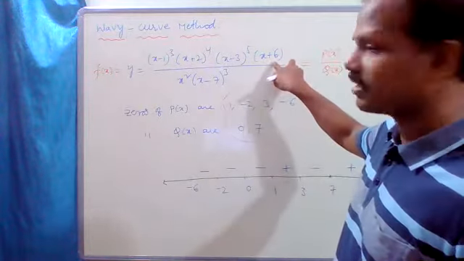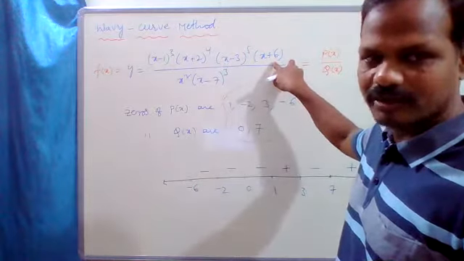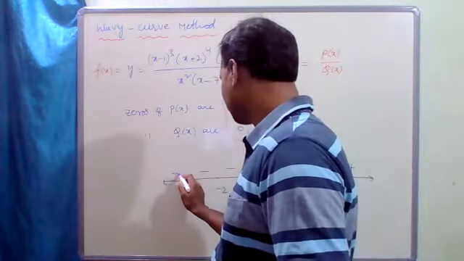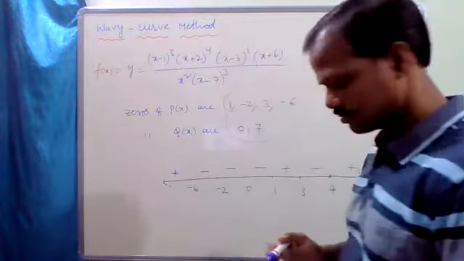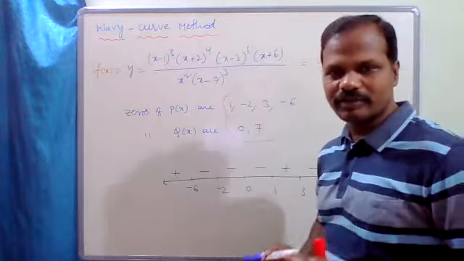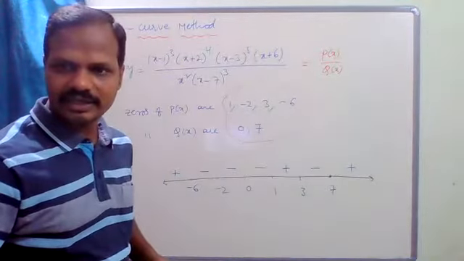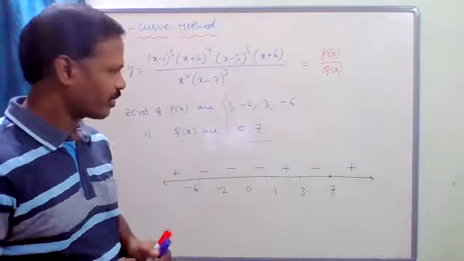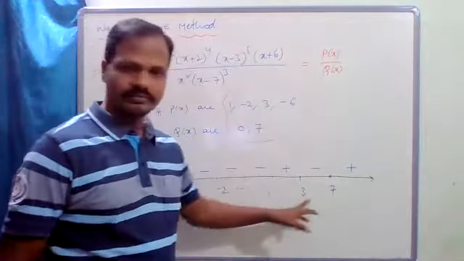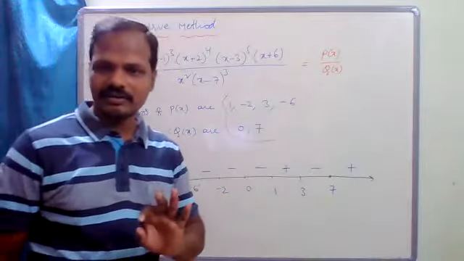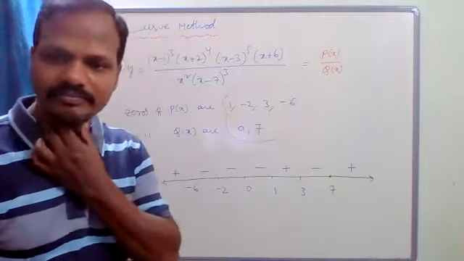It is a simple root, an odd number, so the opposite sign will come. Minus means here plus. Is it clear to everybody? Let me know whether it is clear or not what I am saying. So this is the first step. Is it clear? I want to repeat it again.